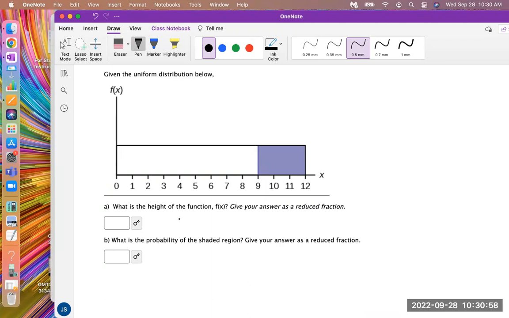So the height of the function f of x is going to be equal to 1 over the length of the entire uniform distribution.